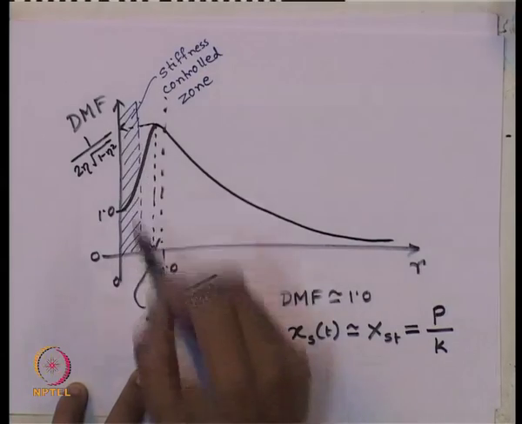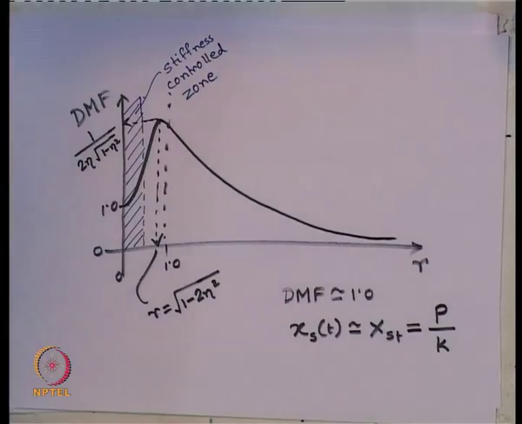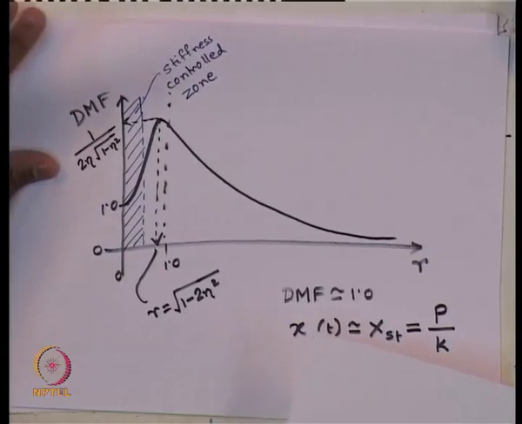Hence, it is called the stiffness controlled zone. Now, let us see what about the other two zones or other two parameters.